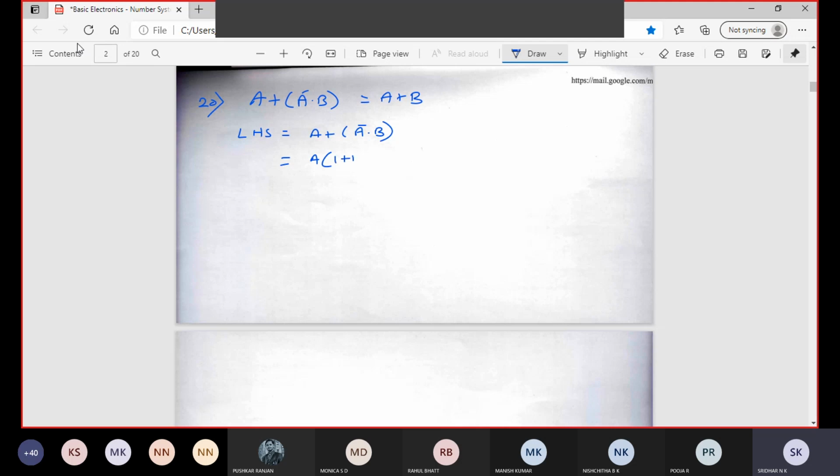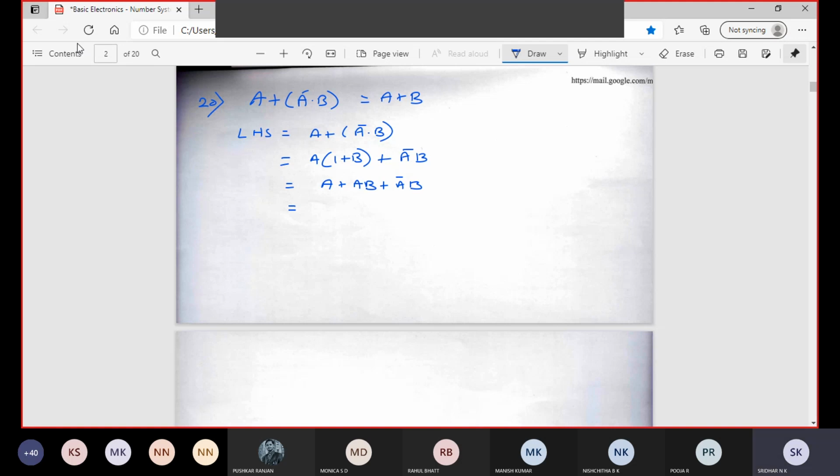So A into (1 plus B) plus A bar B. Can I write? Yes, sir. Now you multiply inside. So A plus AB plus A bar B. Is it correct?